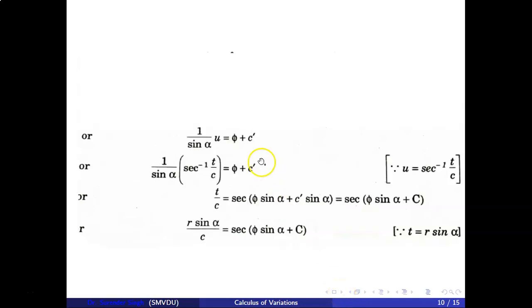We put t equal to c secant u, then dt equal to c secant u tan u du. Substituting over here, then the things will be cancelled out. Secant u tan u will be cancelled out, and the value of this integral comes out to be this. Consequently, the solution appears in this form.